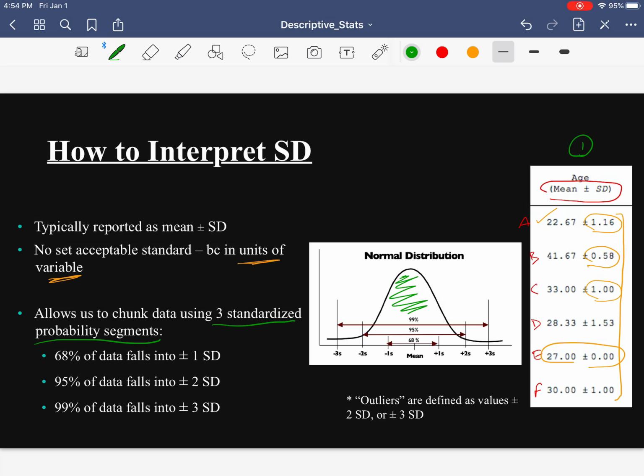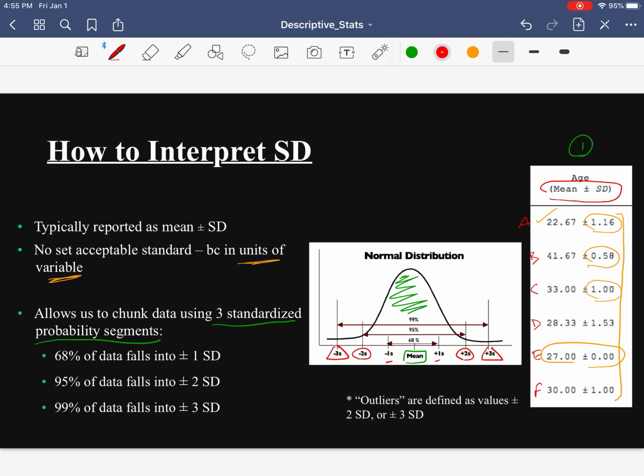So theoretically, we've developed this system so that we have our mean, and then we look at plus or minus 1 standard deviation, plus or minus 2 standard deviations, and plus or minus 3 standard deviations.